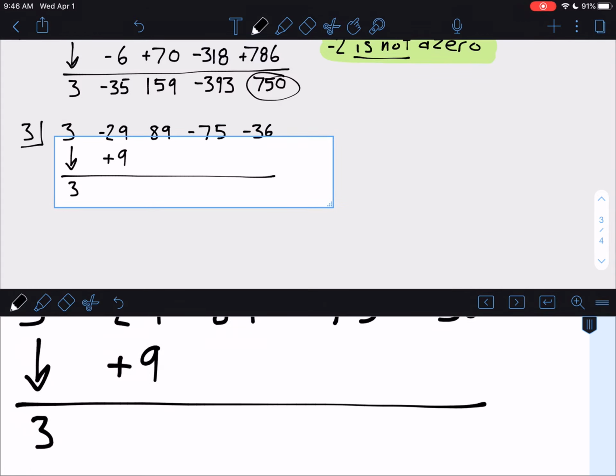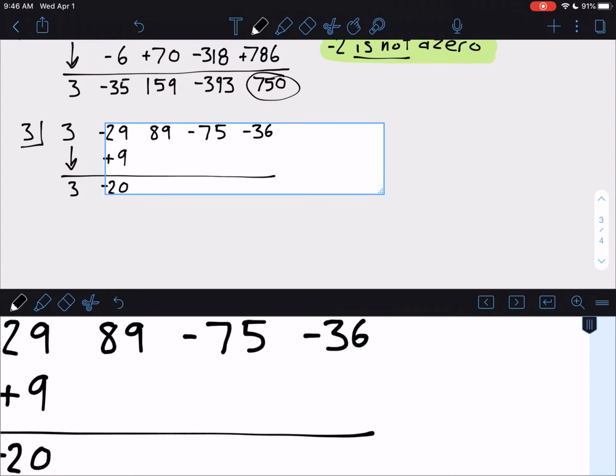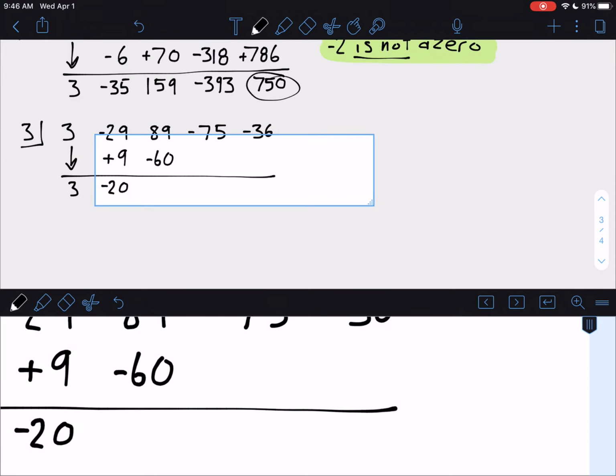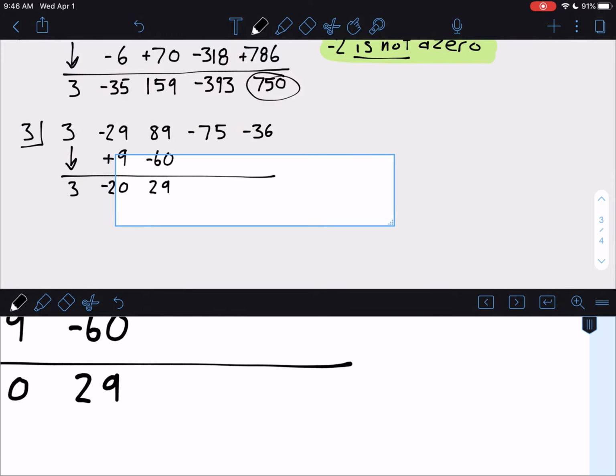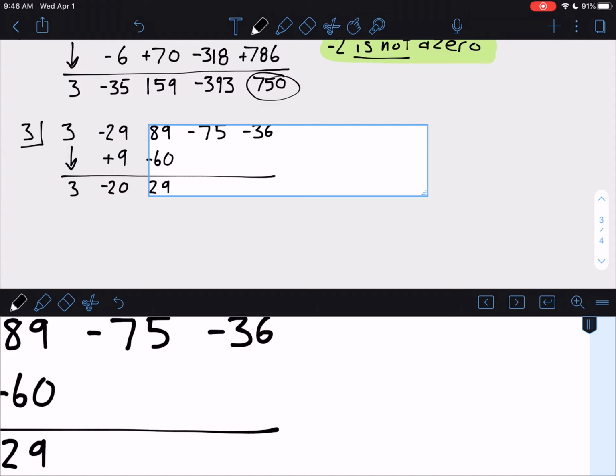-29 plus 9 is -20. 3 in the box times -20 is -60. 89 minus 60 is 29. 3 times 29 is going to be 87. Yeah, 87. Positive 87.